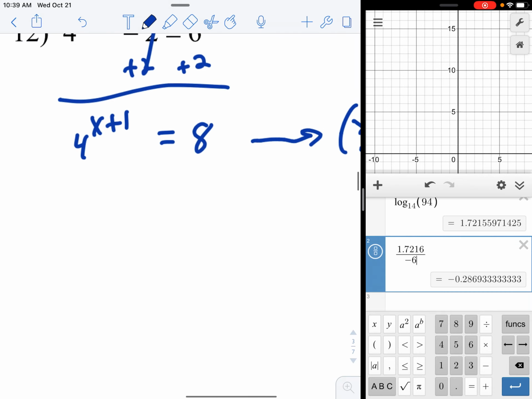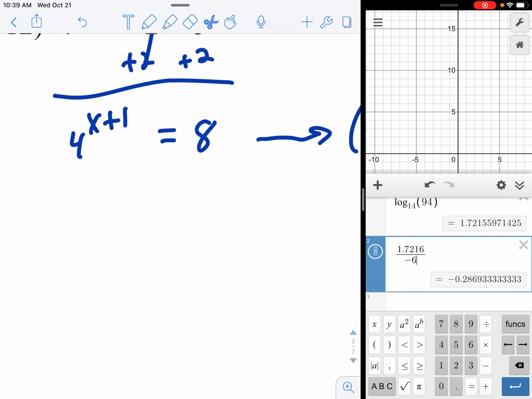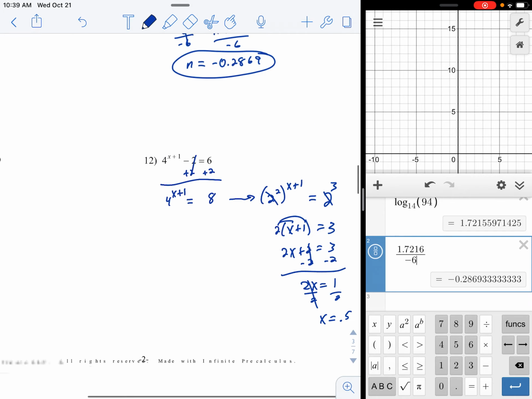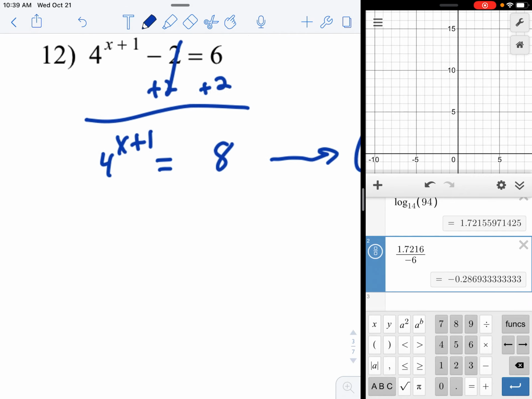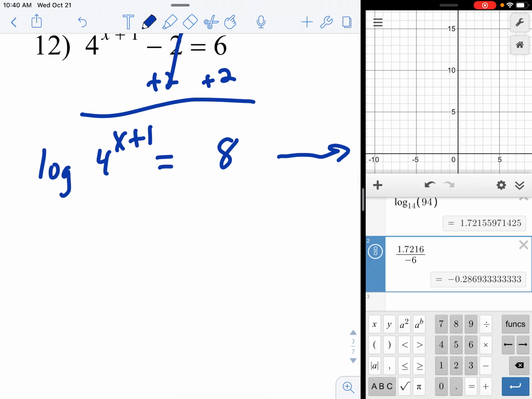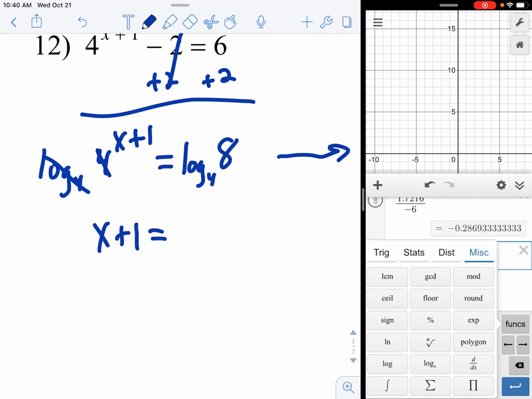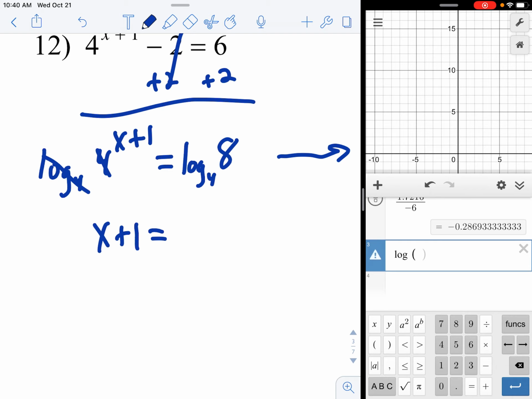But you can also use logarithms. So yesterday's worksheet can be completely solved using logarithms if you wanted to. Log base 4 of both sides, x plus 1 equals, grab a calculator, log a, the base is 4, the argument is 8, 1.5.